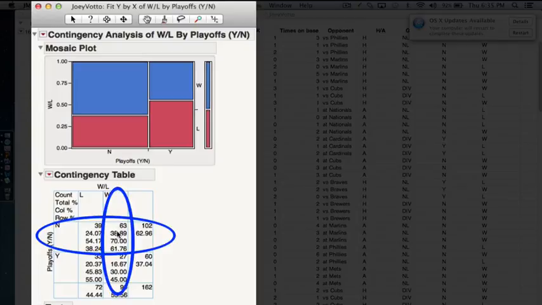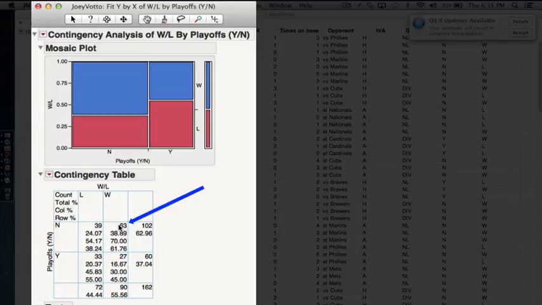The first number, 63, is how many times this scenario happened. The box lowest and furthest to the right is always the total number of observations, which is 162 because the Reds played 162 games. The second number says what percentage of the total number of observations the box contains. This would be 63 over 162, or 39%.